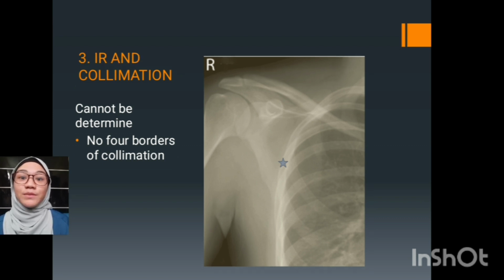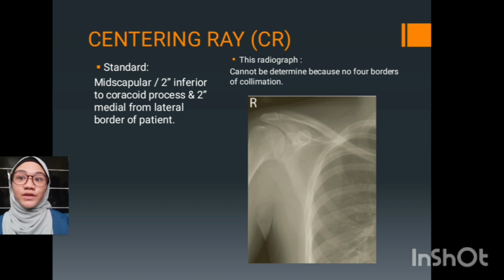Third, alignment between image receptor and collimation. It cannot be determined because there are no four borders of collimation. The centering ray for this radiograph cannot be determined either. The standard centering ray for this projection is at the mid-scapula, or 2 inches inferior to the coracoid process and 2 inches medial from the lateral border of the patient.